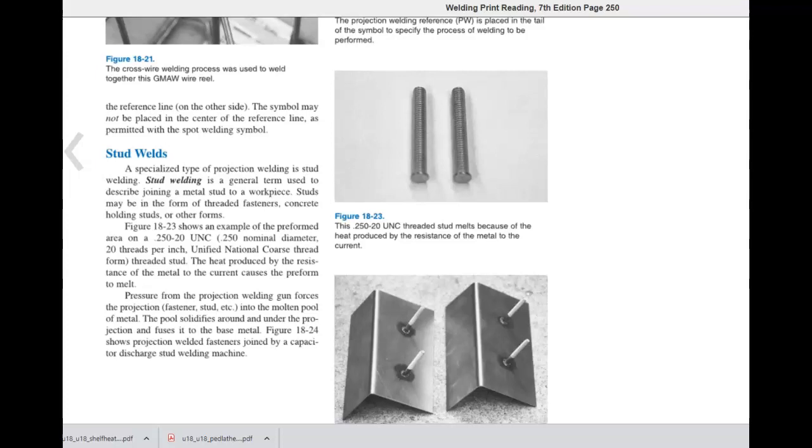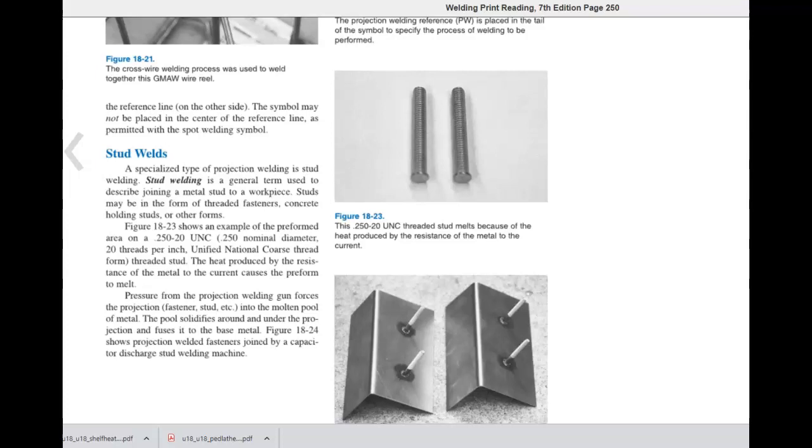The heat produced by the resistance of the metal to the current causes the preform to melt. Pressure from the projection welding gun forces the projection fastener, stud, etc. into the molten pool of metal. The pool solidifies around and under the projection and fuses it to the base metal.